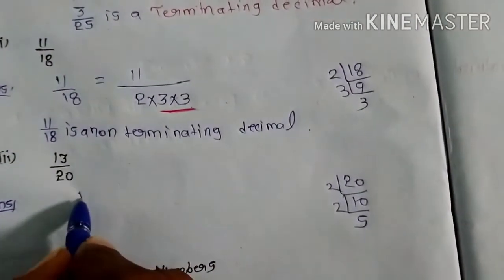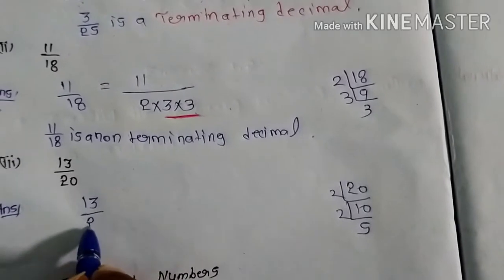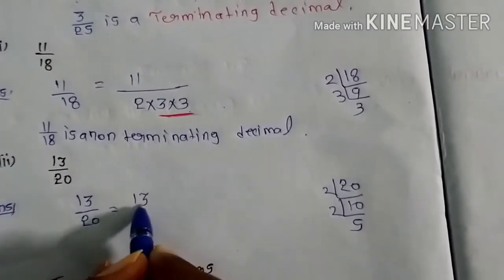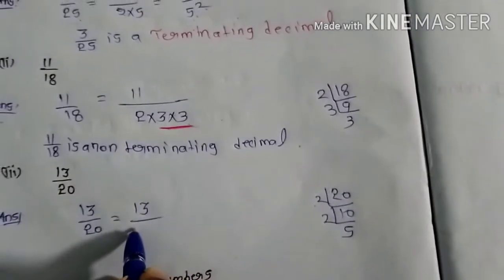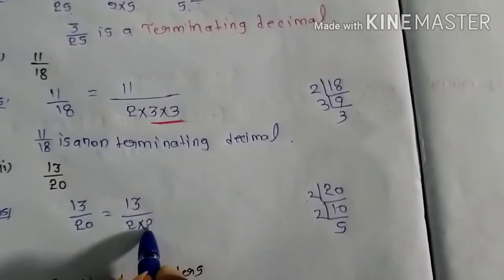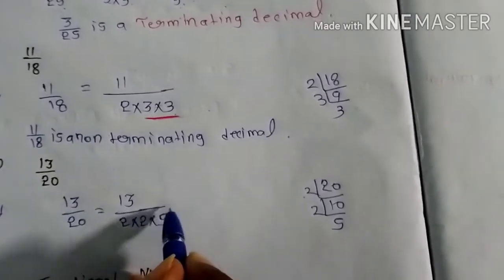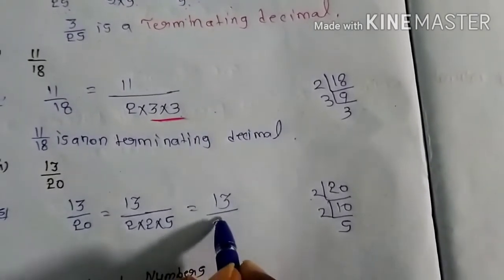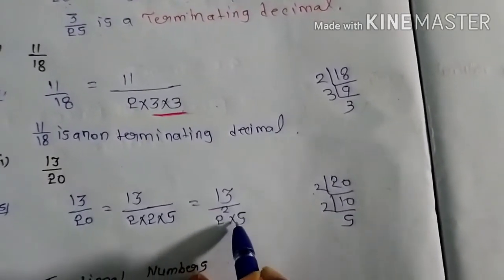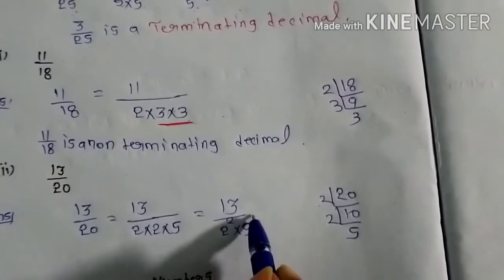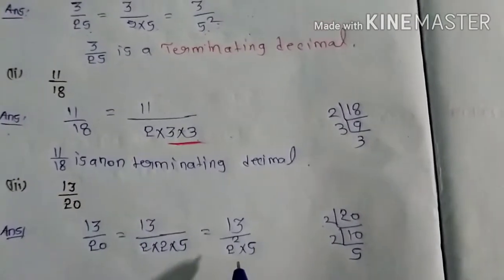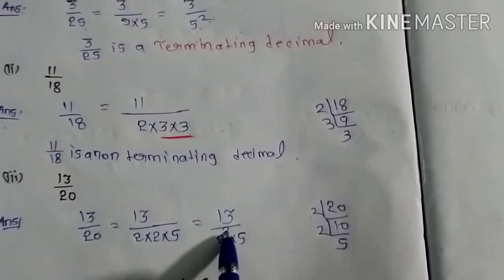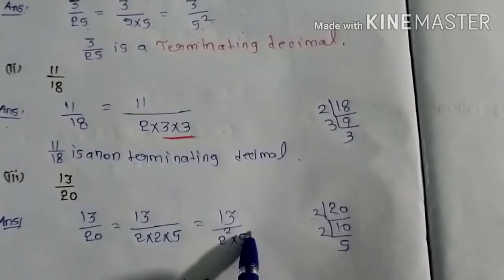That means can I write 13 by 20 equals 13 by 2 into 2 into 5? That means I can express it as 13 by 2 square into 5, where 5 means 5 power 1. Now see, is this denominator in the form of 2 power n into 5 power n or not? Yes.